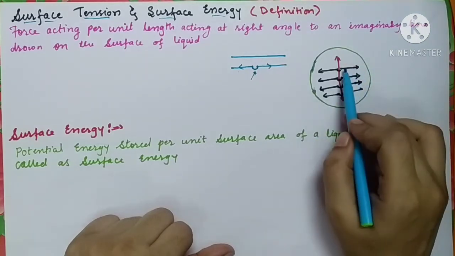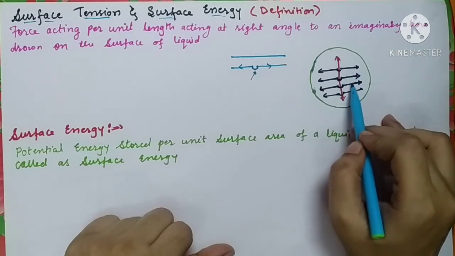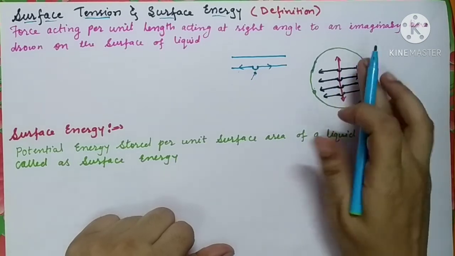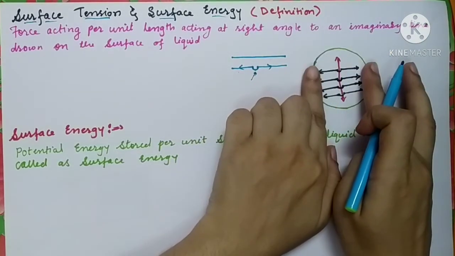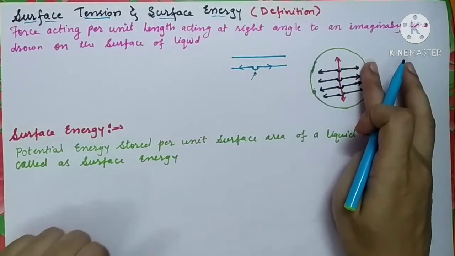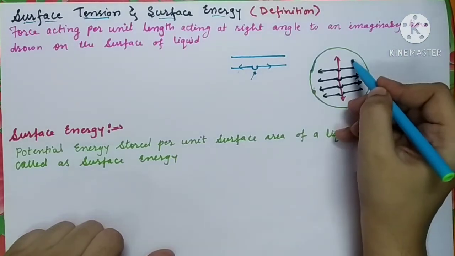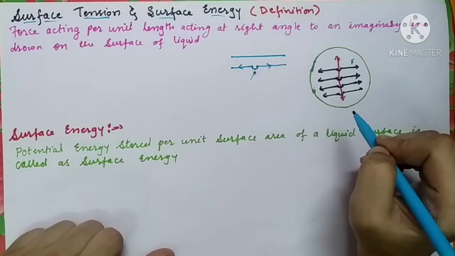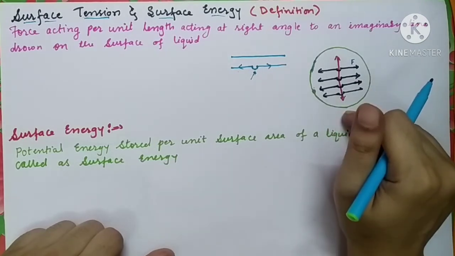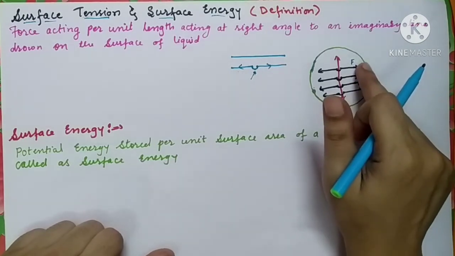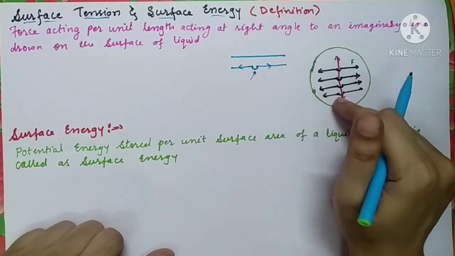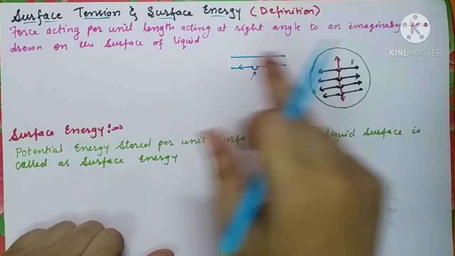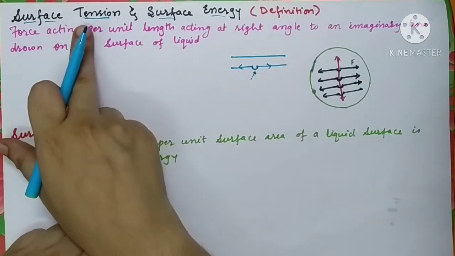You will see that all the lateral forces, or you can say all the tangential forces, will come into account in order to make its surface smooth. These forces are called the force due to surface tension. Let us denote these forces developed on the surface of a liquid as F. Because of the deformation, the liquid surface appears to be in a state of tension. That tension is called surface tension.